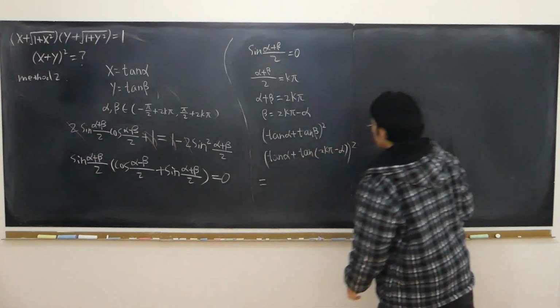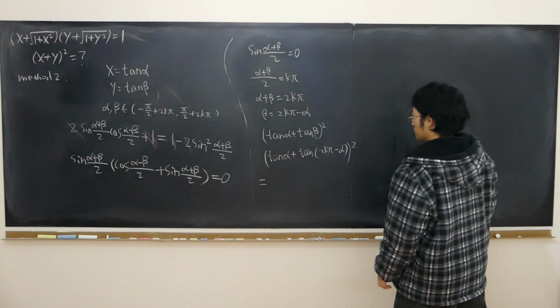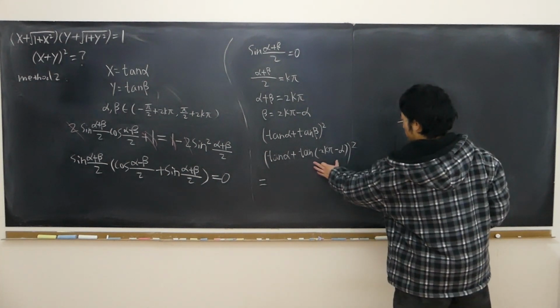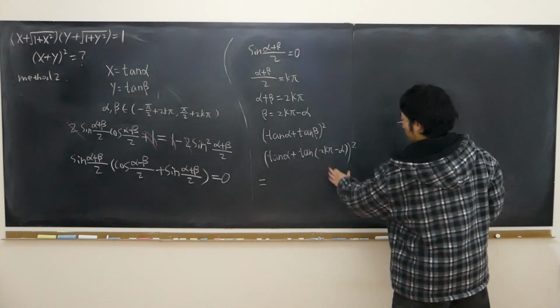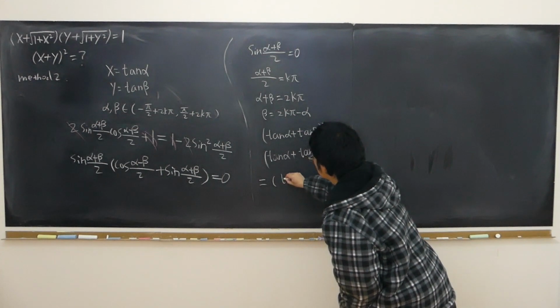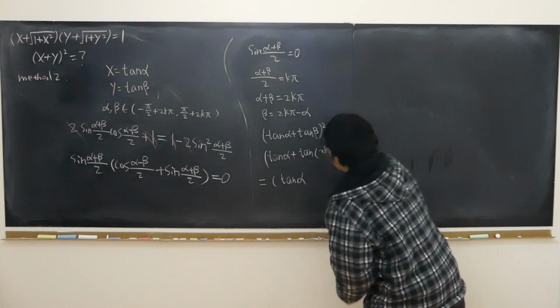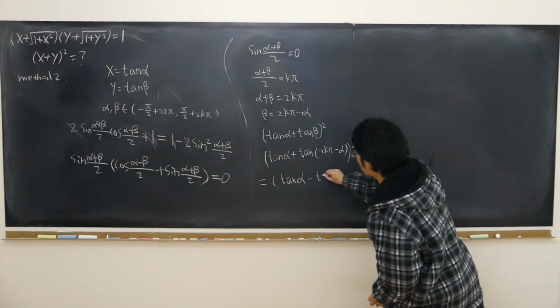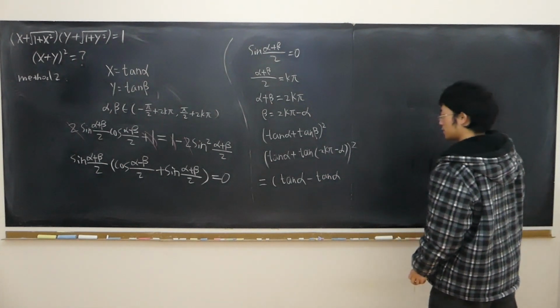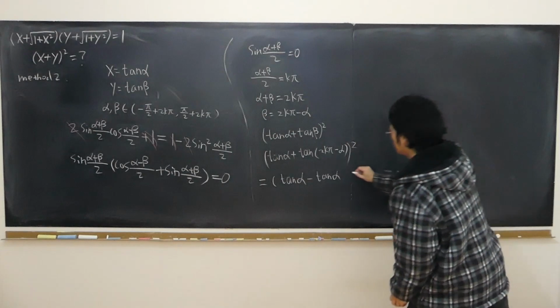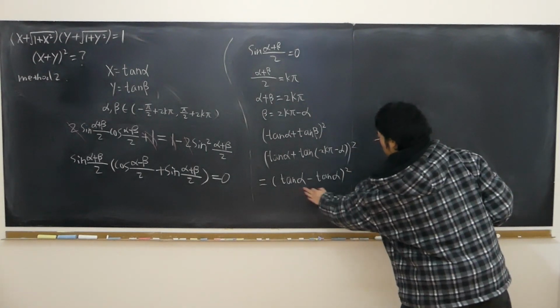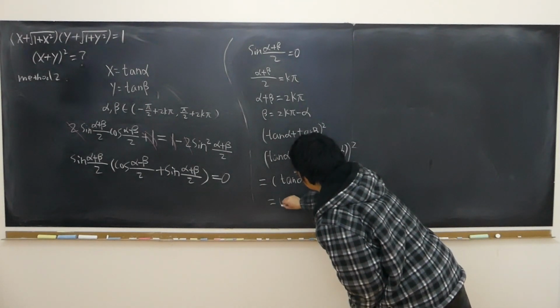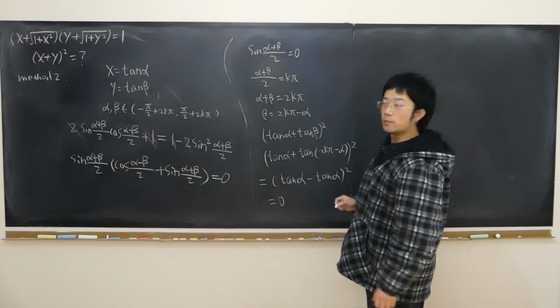Since tangent is a periodic function, that is equal to tangent of minus alpha. But tangent of minus alpha can be written as minus tangent alpha, since tangent is an odd function. So tangent alpha minus tangent alpha, which is 0. So that's our scenario 1.